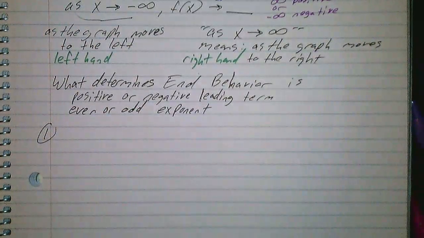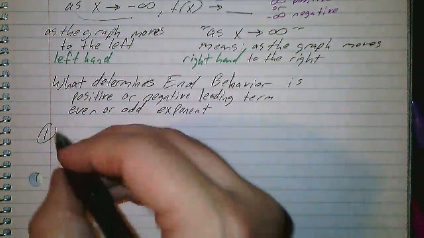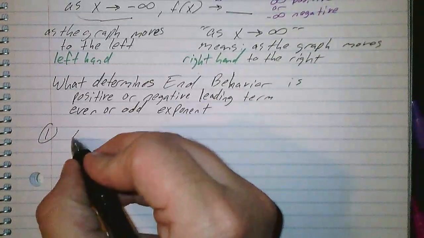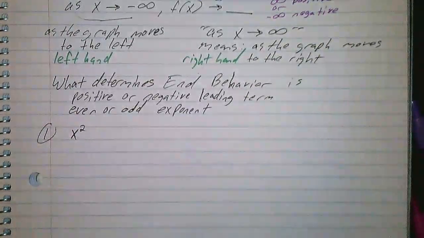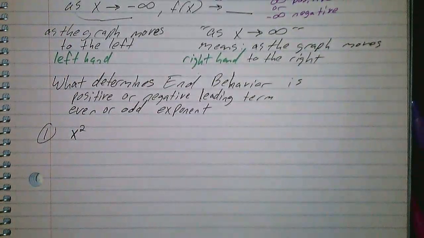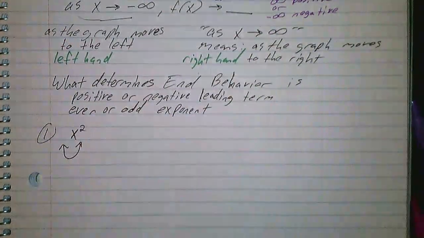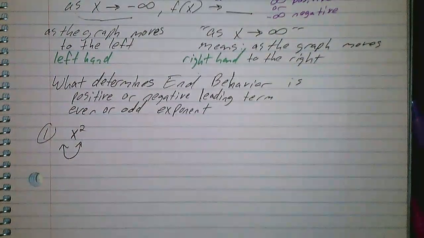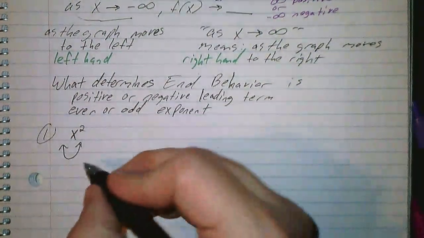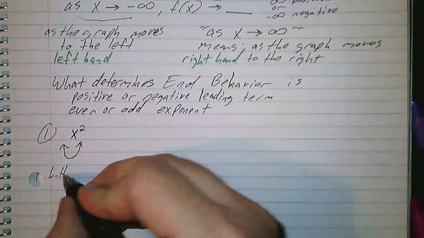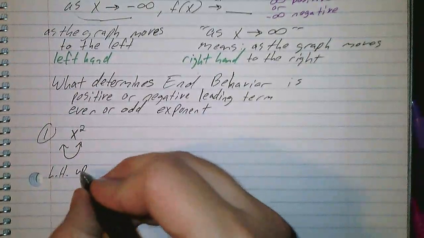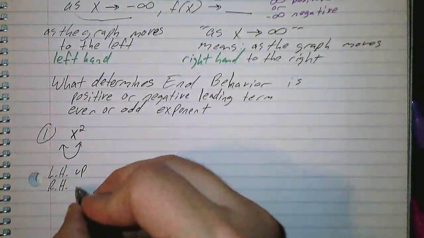Whatever number you think about these as, I think about an x squared as kind of our first case. For an x squared, the left hand goes up just as the right hand goes up.